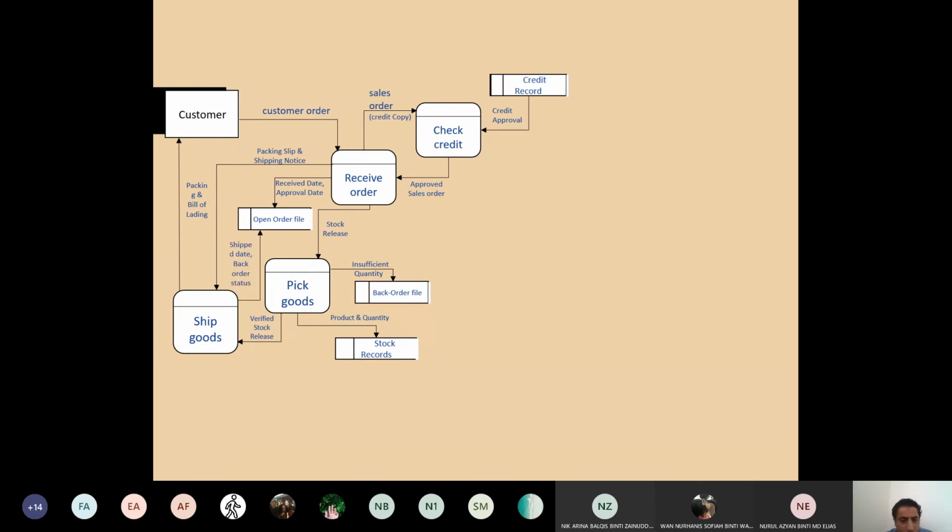company or method. Then we will keep this information about the time they sent the goods in the open order file.